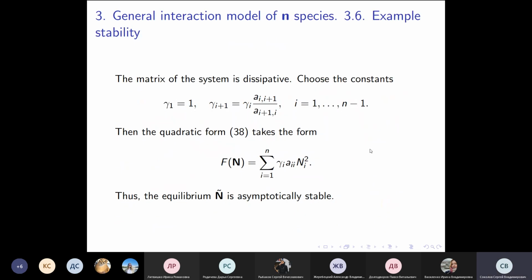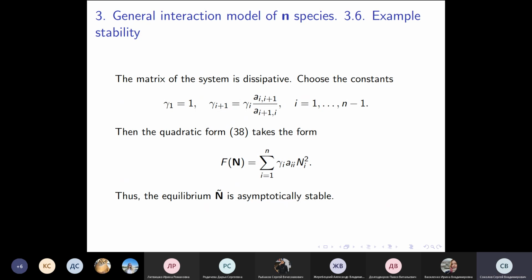Well, that's all about our equations that are derived by differential equations. So next, let us turn to other types of models.